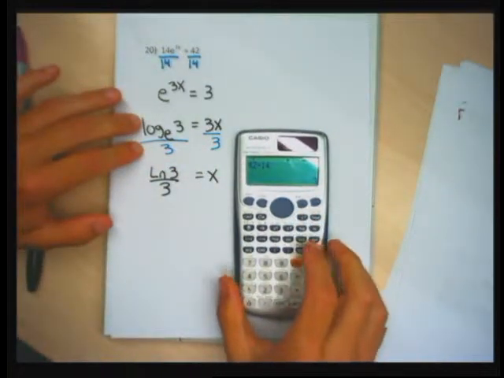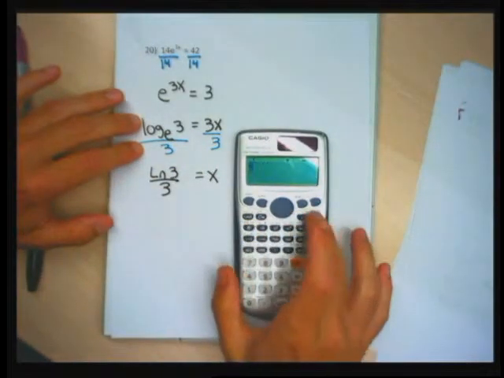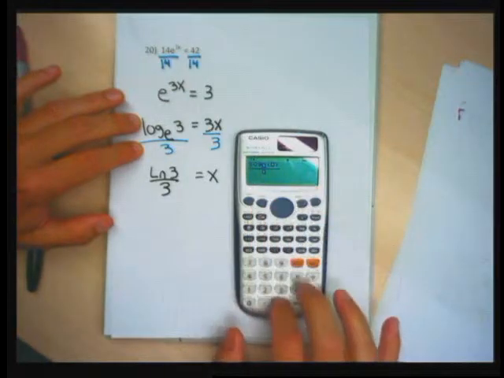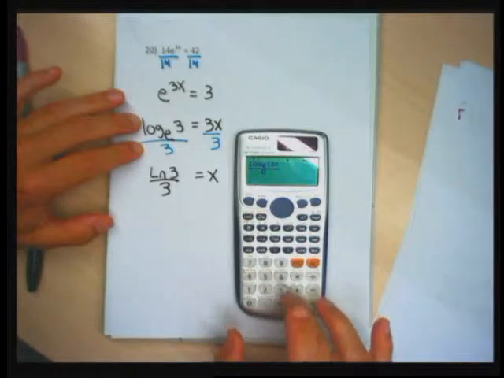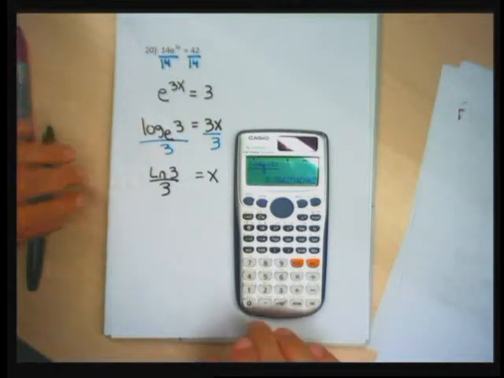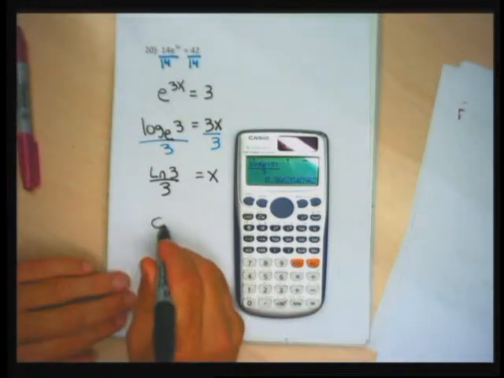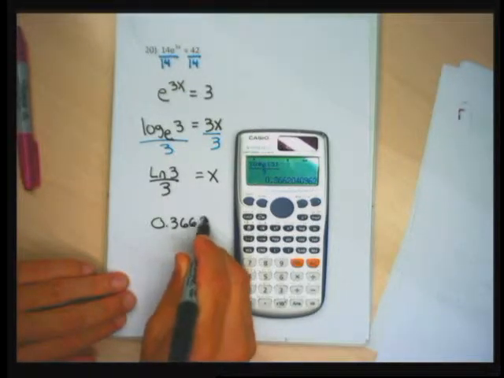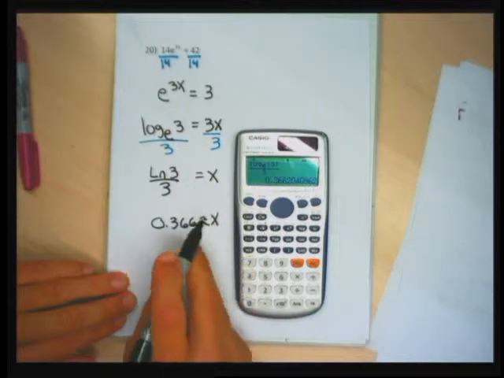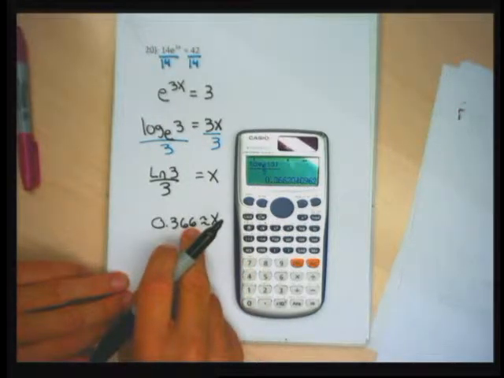This top one, if I went fraction log base alpha e of 3 over 3, I get 0.366. After the 6 is a 2, so I wouldn't round this 6 up, and I'd leave that for an answer.